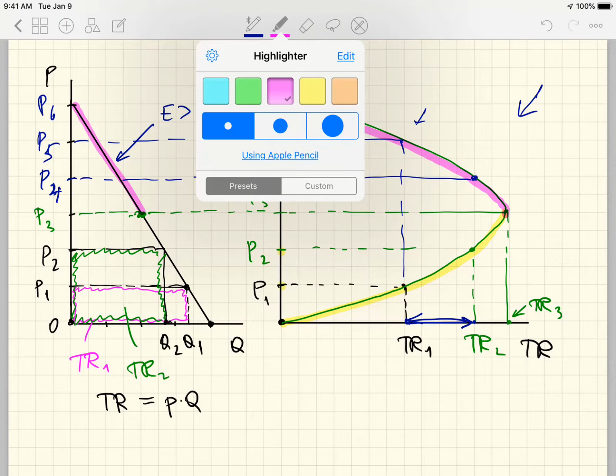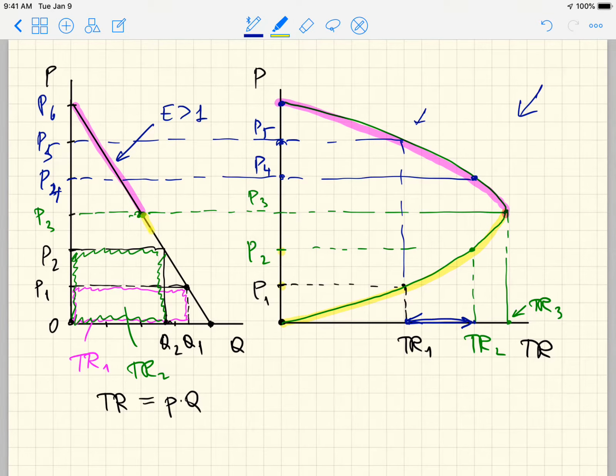And the lower half of our demand curve, which matches the lower half of the total revenue curve, is where elasticity is smaller than 1. So in other words, demand is inelastic. So we can make the following conclusion.